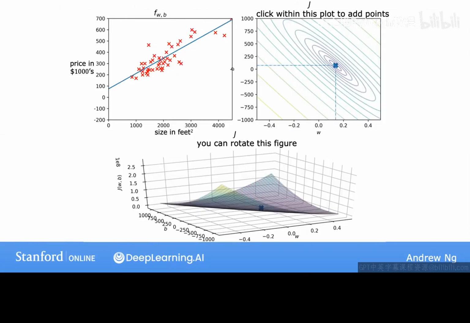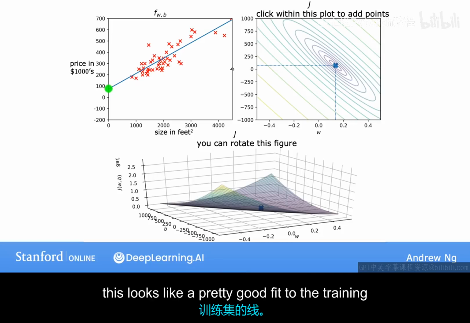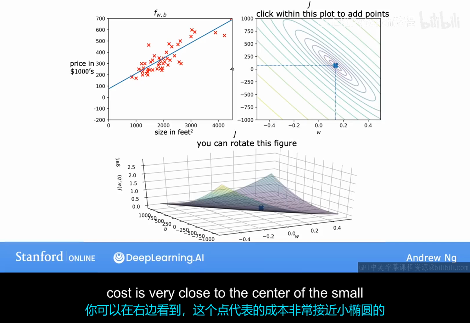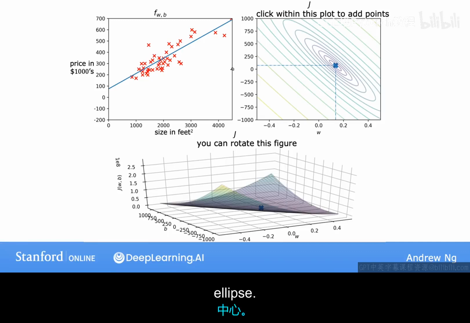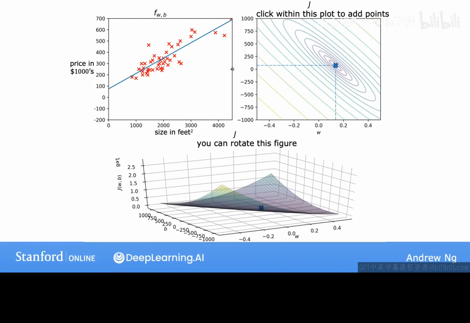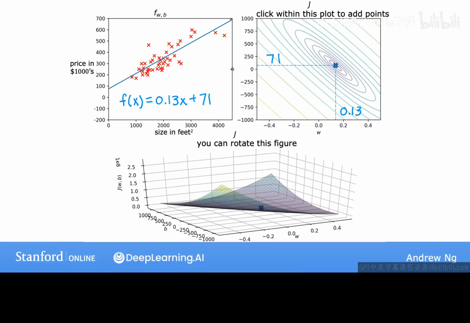Last example. If you look at f of x on the left, this looks like a pretty good fit to the training set. You can see on the right, this point representing the cost is very close to the center of the small ellipse. It's not quite exactly the minimum, but it's pretty close. For this value of w and b, you get this line, f of x.